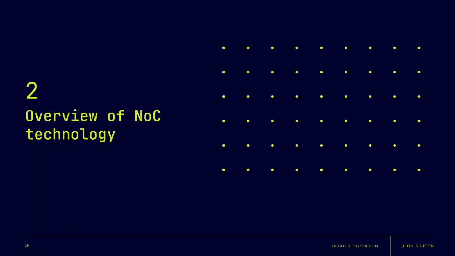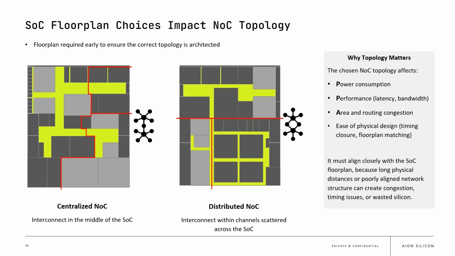So now we'll have a brief overview of NoC technology in general, and understand the basic building blocks and what aspects of this affect the performance of a system. In terms of topologies, we can think of NoC as fundamentally being of two types.